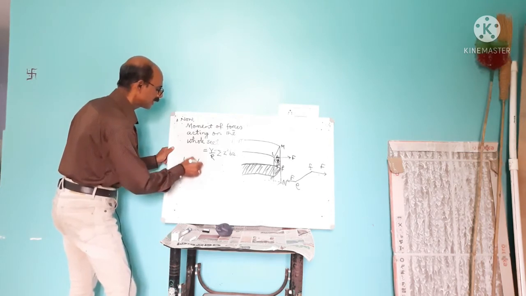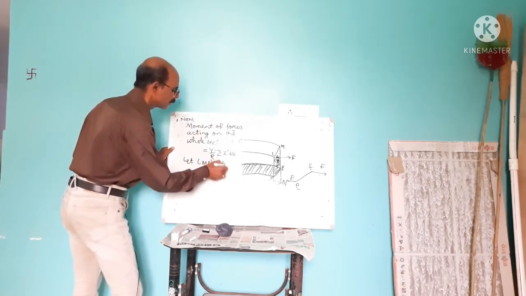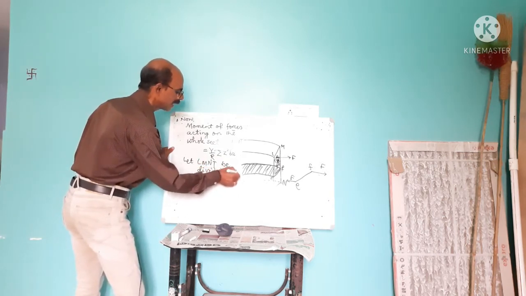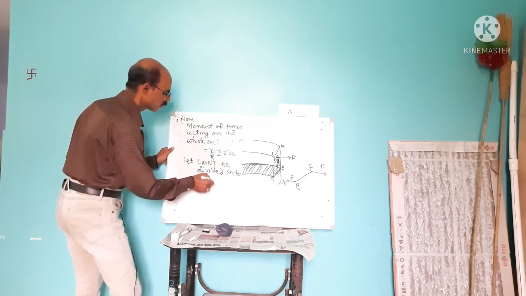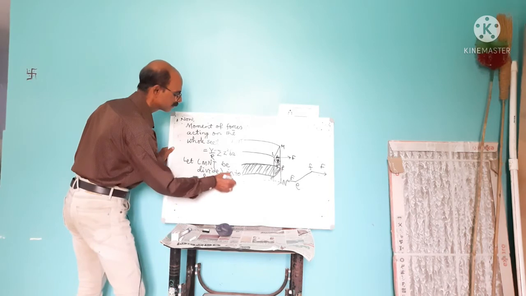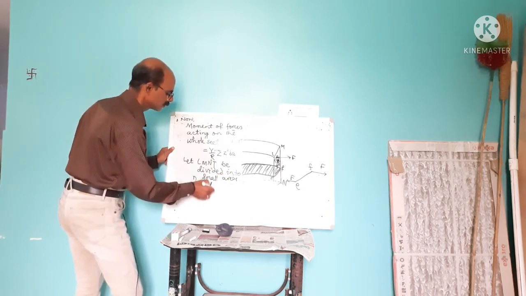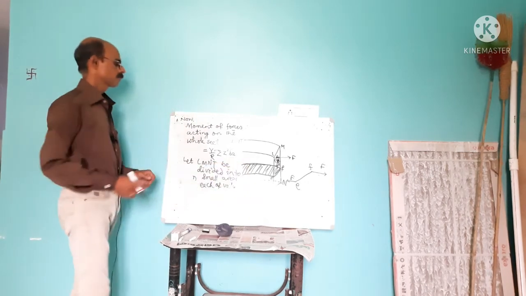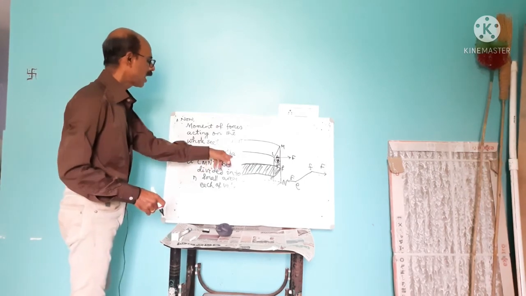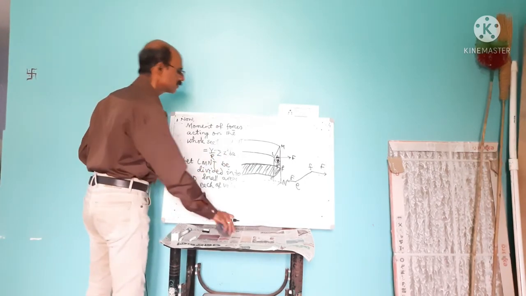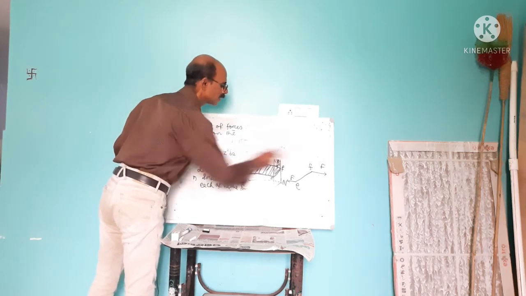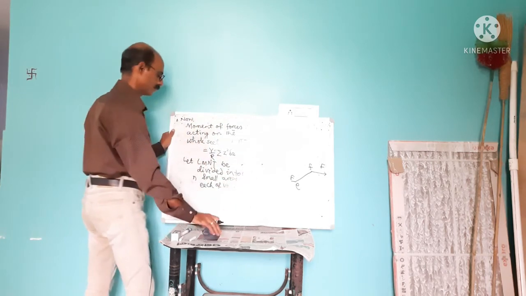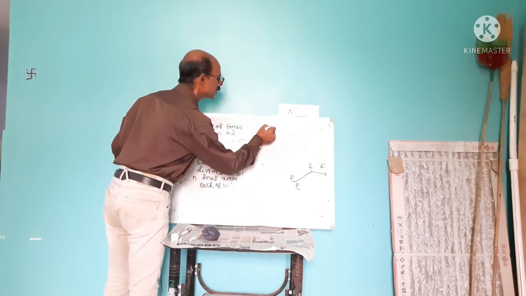Let L, M and T be divided into n small areas, each of value delta A. Then how can we express this summation of z square delta A?